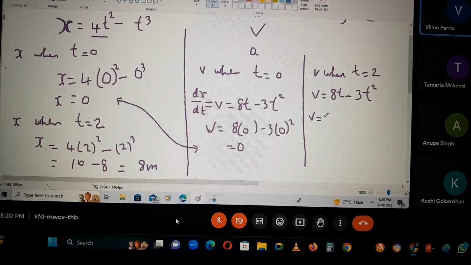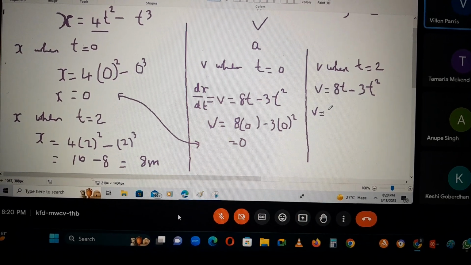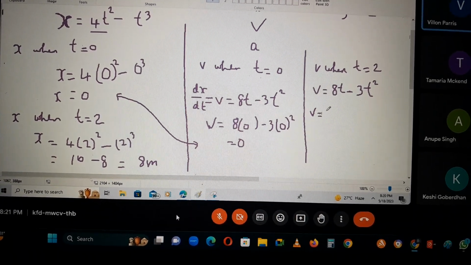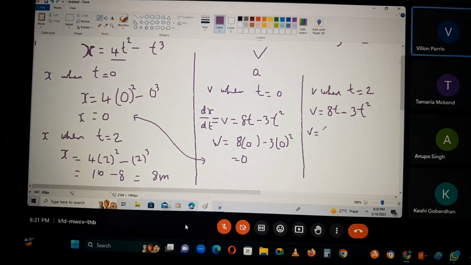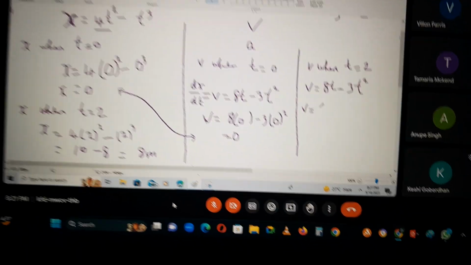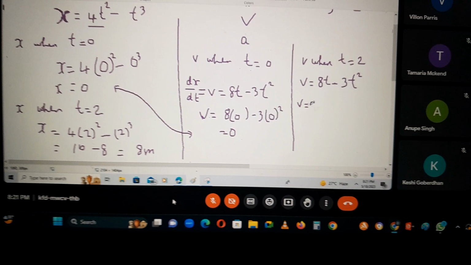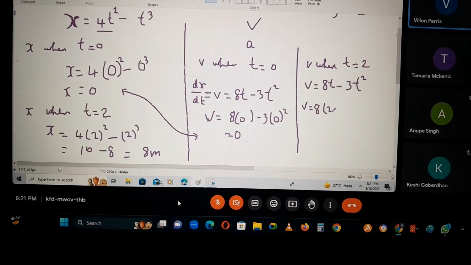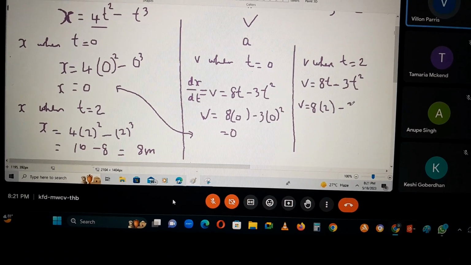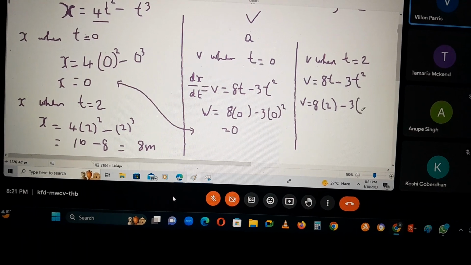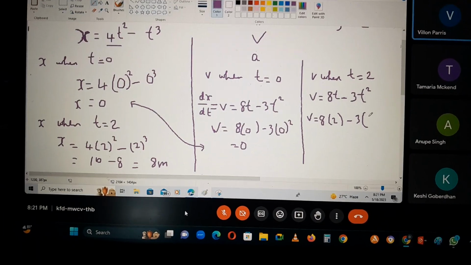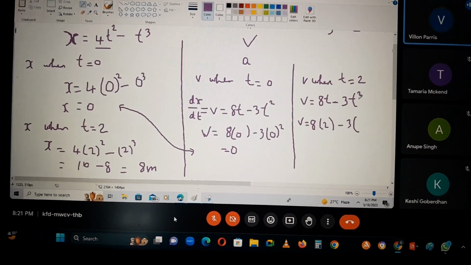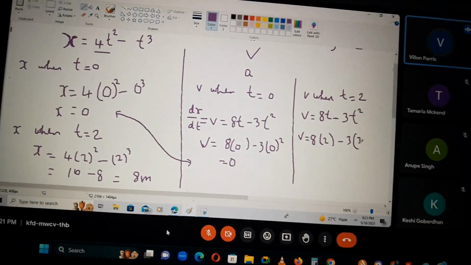We have meters per second. 8 times 2 minus 3 times t squared, which is 2 squared.